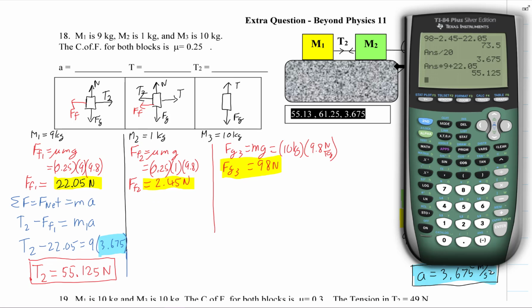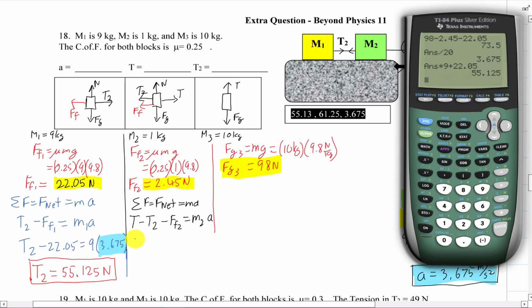I've done it in blue. Let's do it in black. Here we go. The sum of the forces is equal to F net equals MA. So that's going to be T minus T2 minus the force of friction of number 2 is equal to the mass of number 2 times the acceleration.